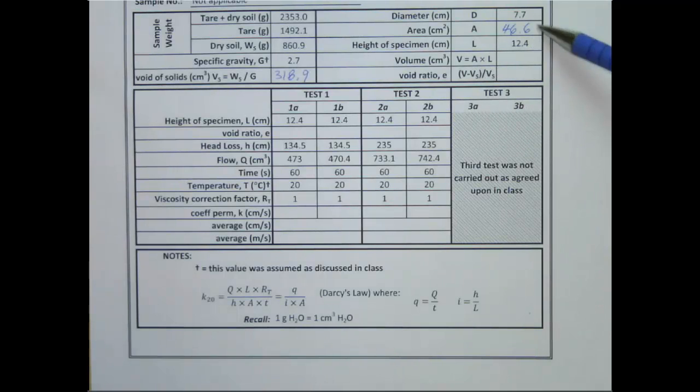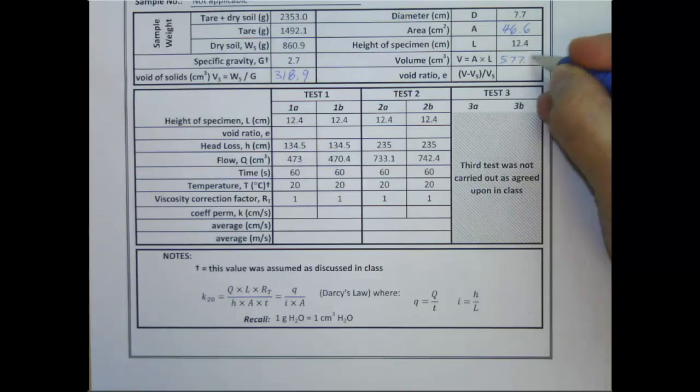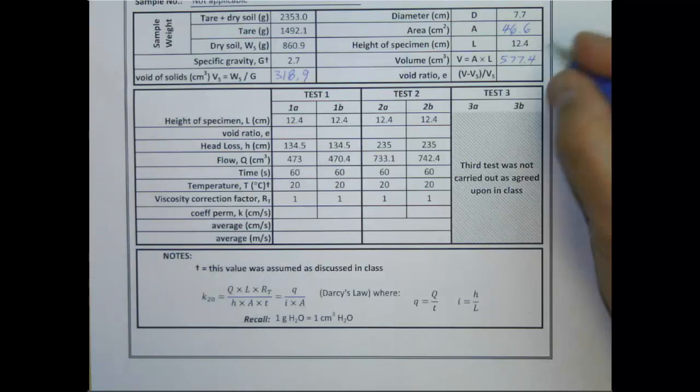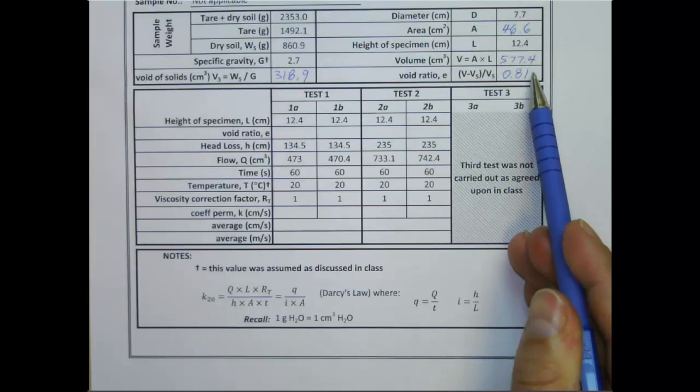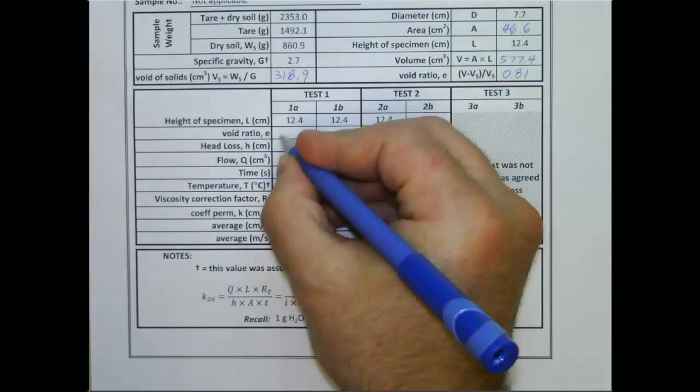You multiply these values, and 3 out of 4 times, I got this number. Finally, the void ratio. The formula is provided for you here. So when I plug it in and do it 3 out of 4 times, this void ratio is also to be repeated here in this summary table, and that's what I'm going to do right now.